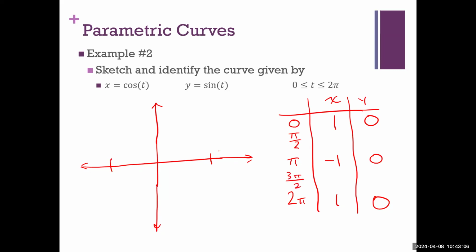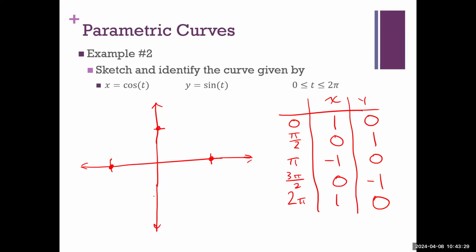So I know that it looks like I have something that starts at 1, 0, passes through -1, 0, and then returns to 1, 0. What happens when t is pi over 2? 0, 1, and 0, -1.